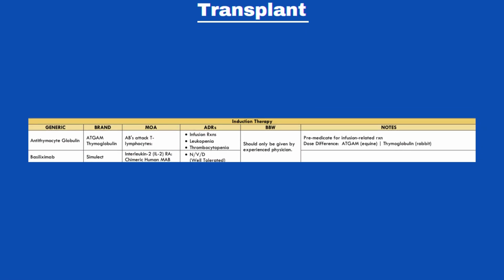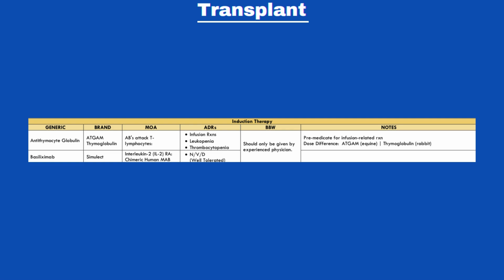For induction therapy, we have the antithymocyte globulin. The mechanism of action is that it attacks the T lymphocytes. ADRs include infusion reactions, leukopenia, and thrombocytopenia.